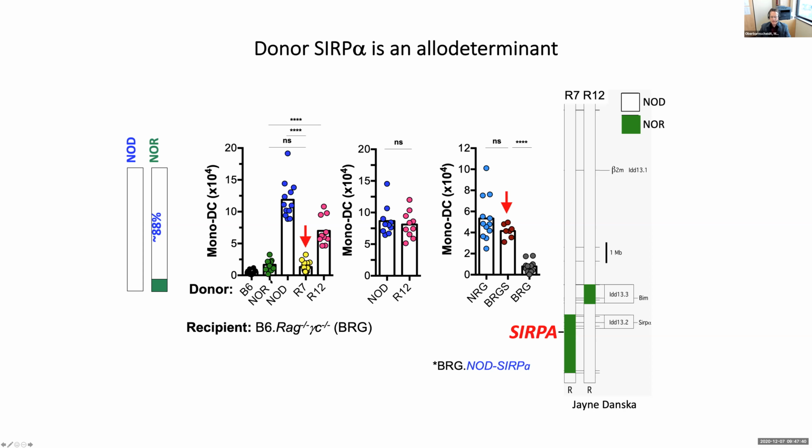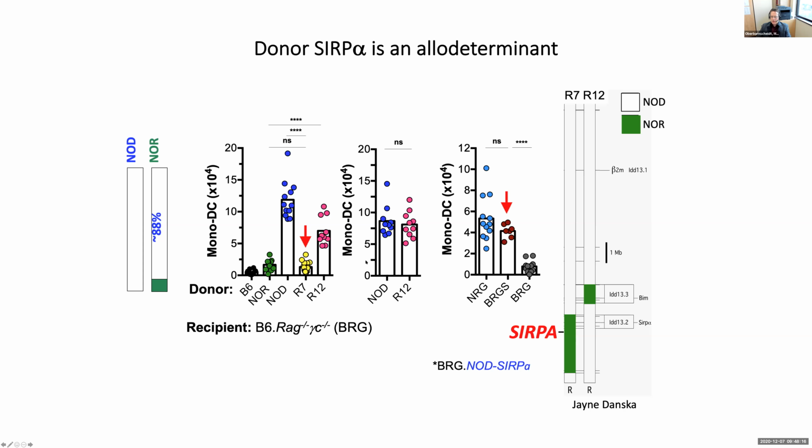And when we compared the responses of R7 and R12 in the host and their infiltration with mono-DCs, we saw a severe reduction in the response in the R7 mice, which house the SIRP alpha of the B6, which was not the case in the R12 congenic, which has the original NOD SIRP alpha, indicating that one of the possible genes of interest in this response could be SIRP alpha.